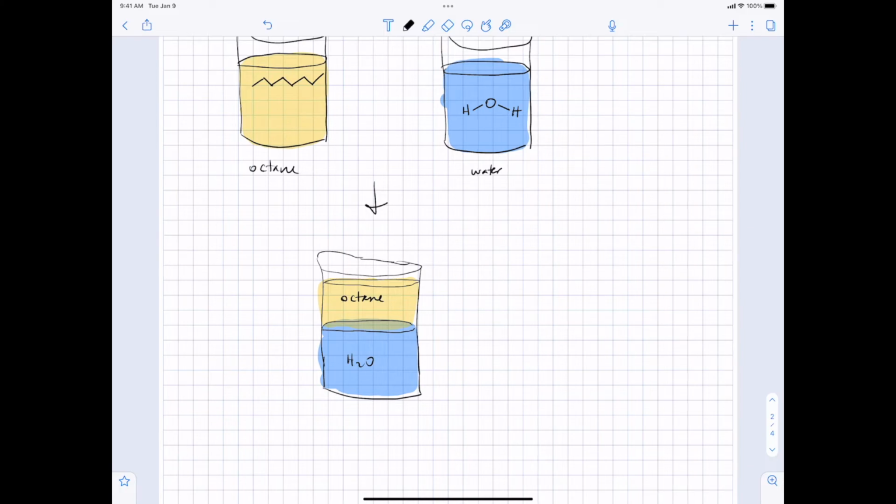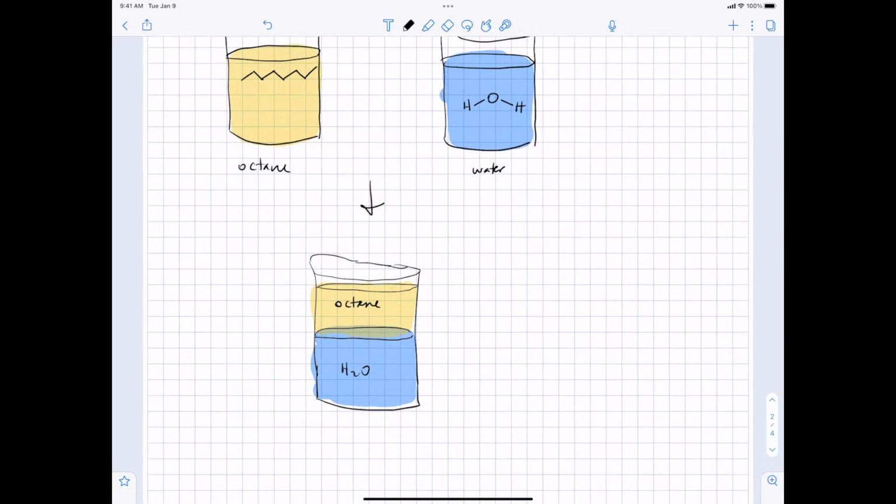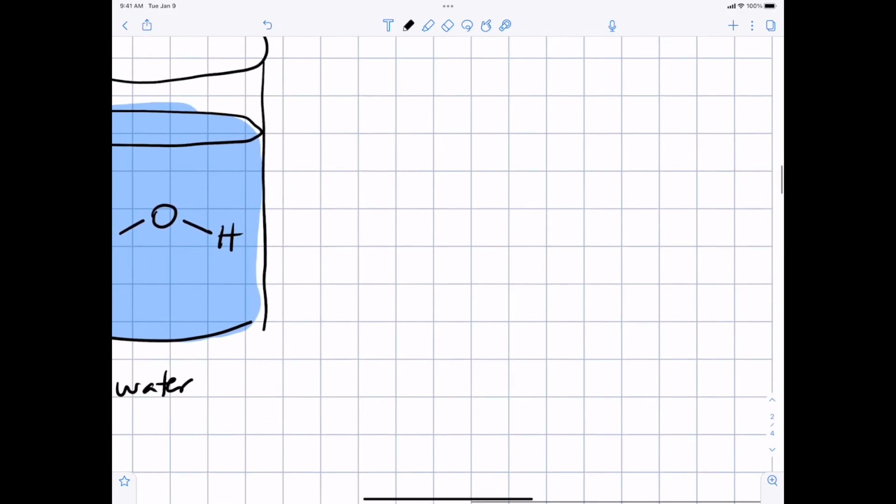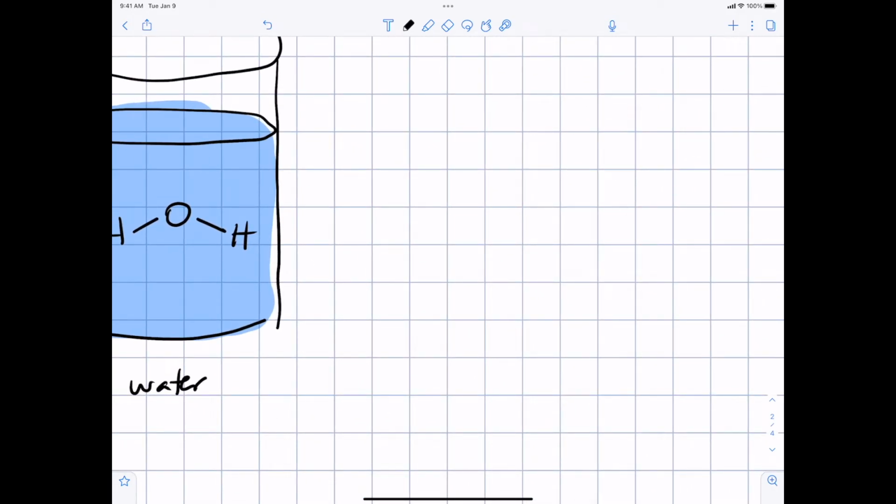So let's imagine first the situation that water's in when it's just pure water. All right. So in pure water, each oxygen is thought to be interacting with 3.5 to 4 nearby hydrogens.